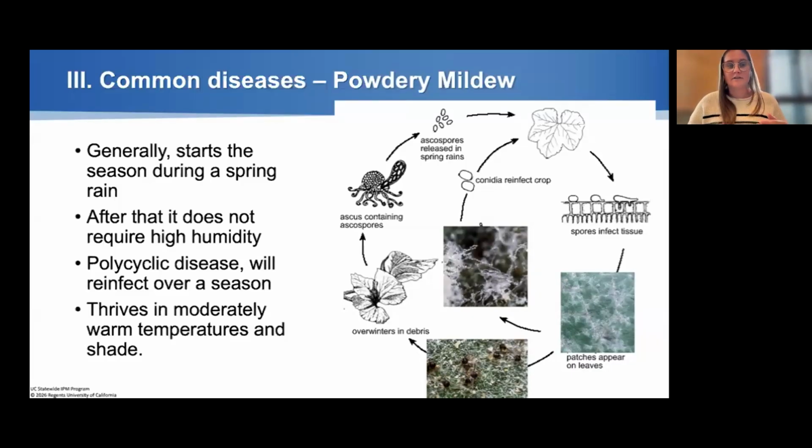It does not require high humidity following and it can reinfect on the same plant or nearby plants throughout the season, which means that it is a polycyclic disease.